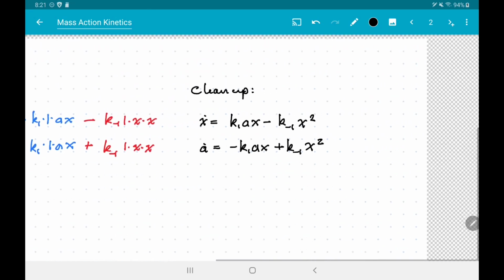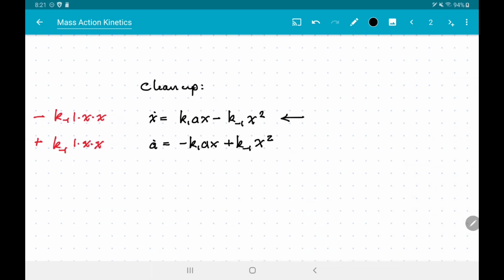The problem in the book focuses on just the x equation and says, let's consider this in the case where there is so much of A floating around that it doesn't change the concentration very much if a little bit is consumed by this reaction. And the problem then is to work out what the dynamics of X are, holding A constant.